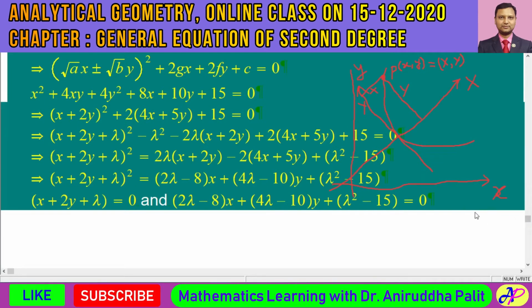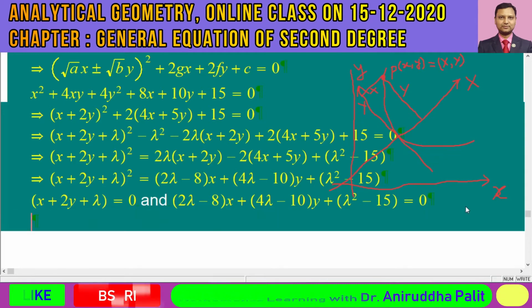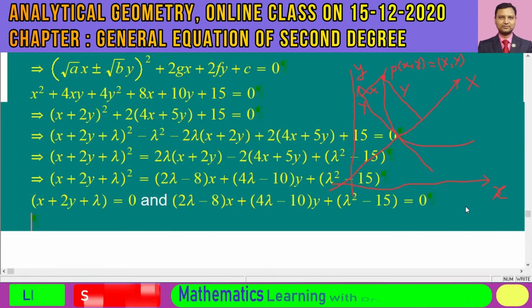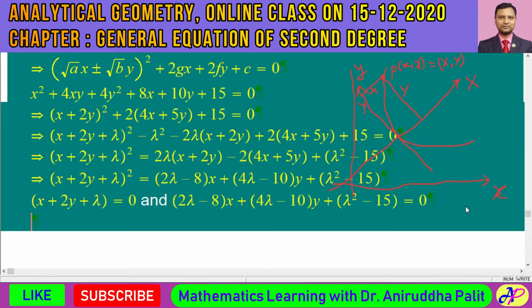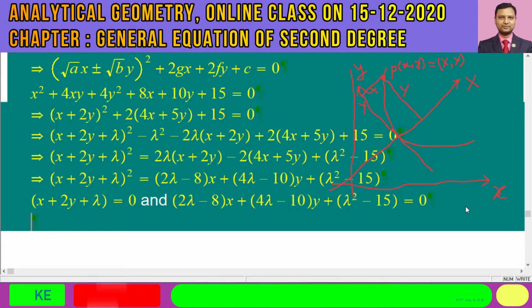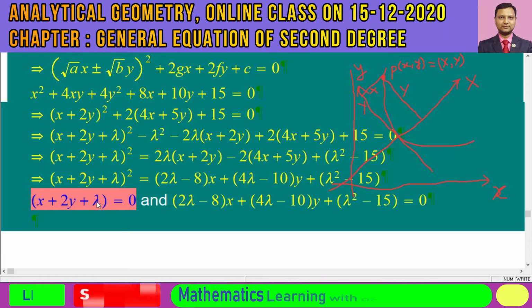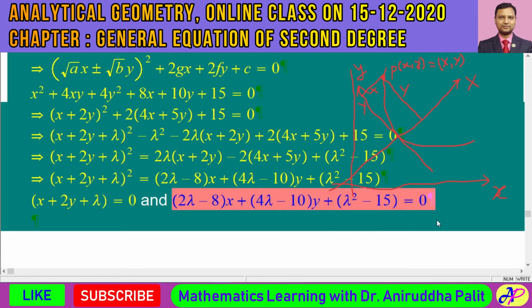Okay, then that is the scope we have, because this lambda is so far not specified at all. We know that this is a parameter or some constant, but what is the value of that constant, that we don't know. So we can adjust the value of this parameter in such a manner that these two straight lines become perpendicular to each other.